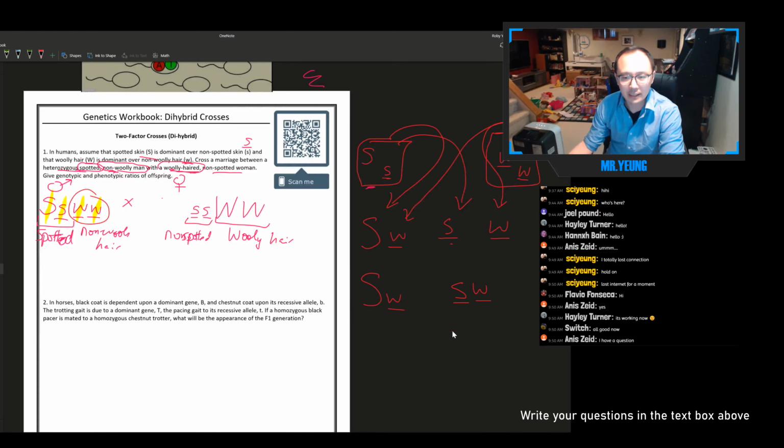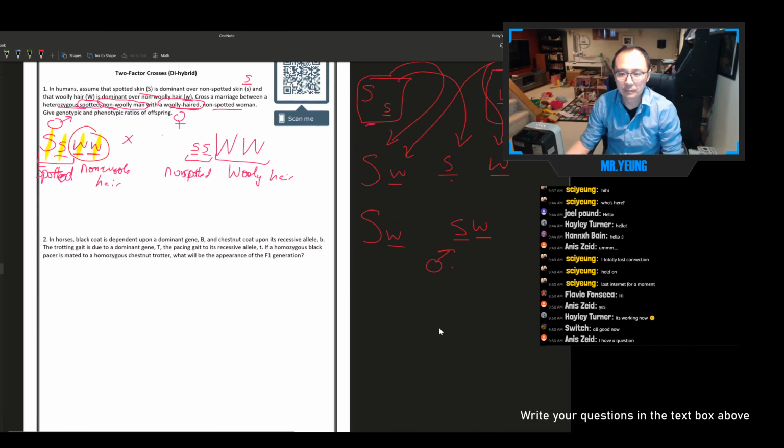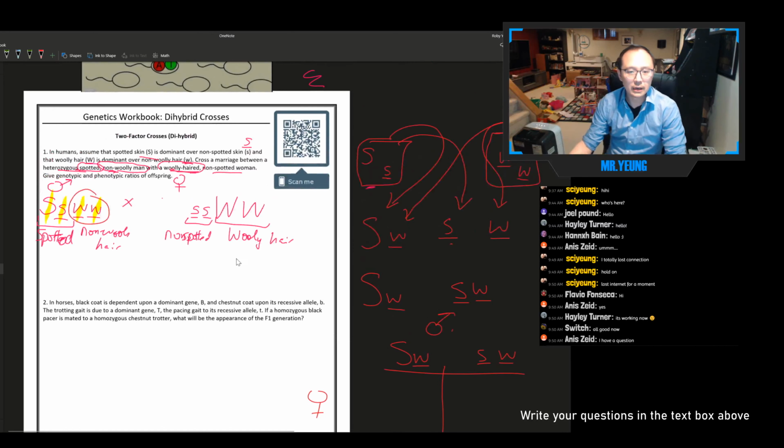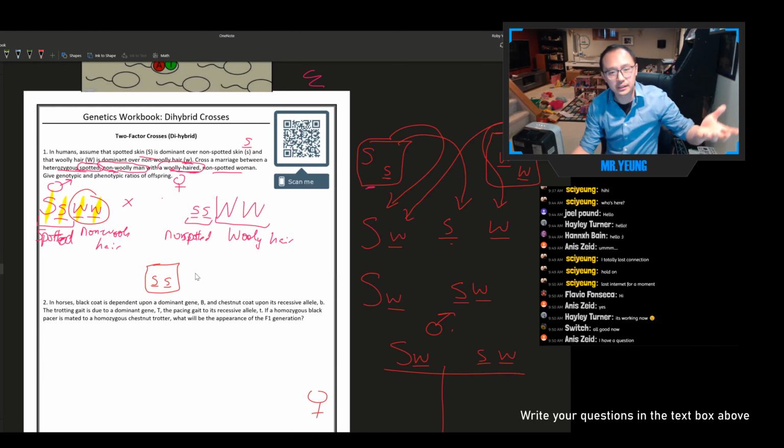So if I'm going to set this up as my Punnett square right here, good thing it's still on the screen, my male is going to have this combination. Then for my female, I'm going to look at my combination here. If you were to put all the traits into a jar again, I have two lowercase s's, and you're going to reach in and select one, and the only one you can get is lowercase s.